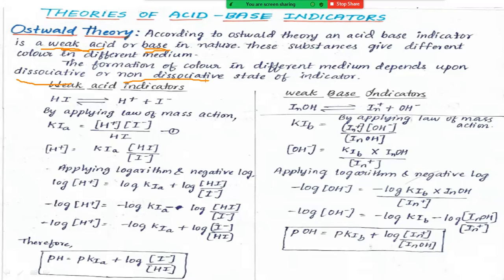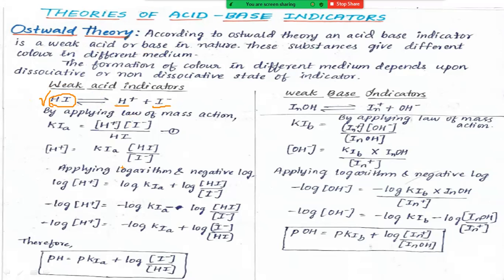For example, if you take a weak acid indicator, HI, this is called a weak acid indicator. When it is dissociated, it gives H plus ions and I minus ions. But this HI indicator does not immediately get dissociated. It requires certain pH values to dissociate into its individual ions, right?